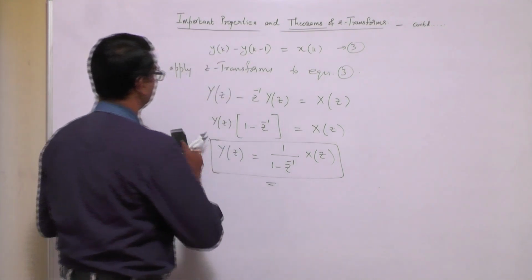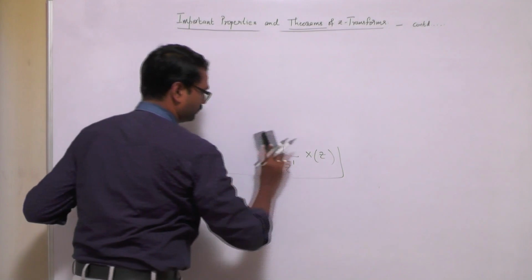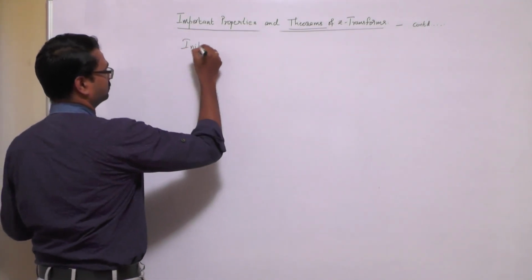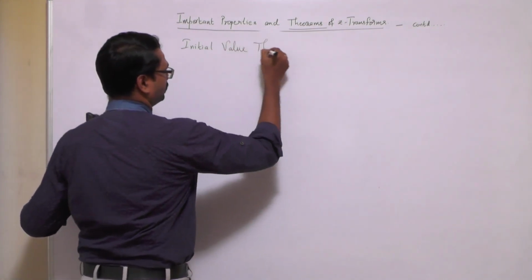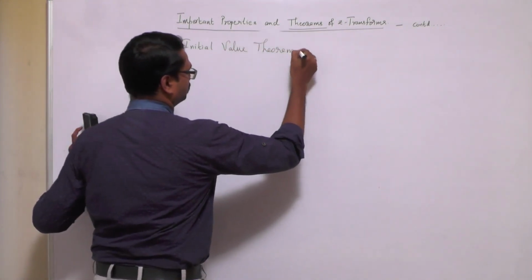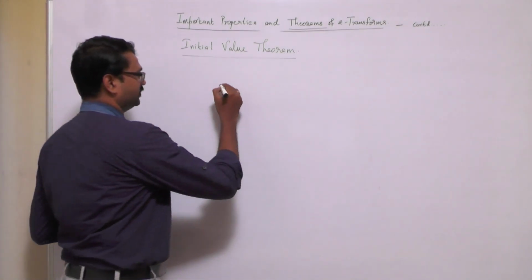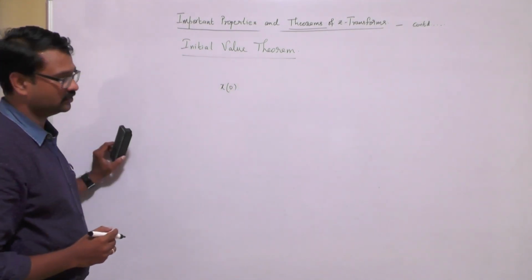So with this in mind, we will go into the next theorem, that is the initial value theorem. Initial value theorem is nothing but finding the value at the initial point x of 0.